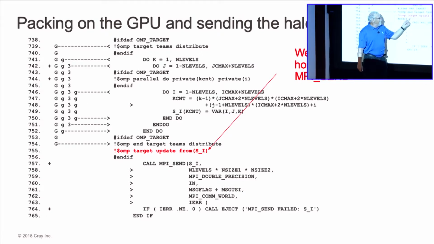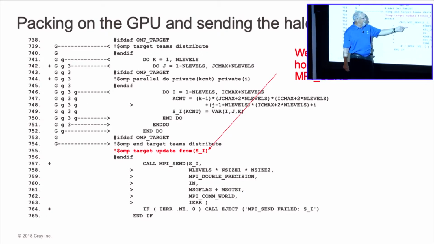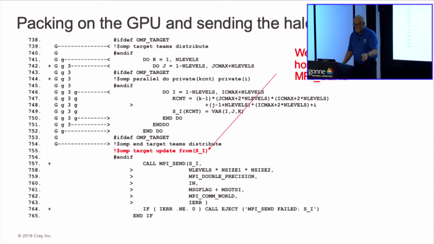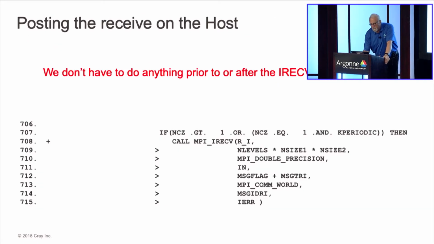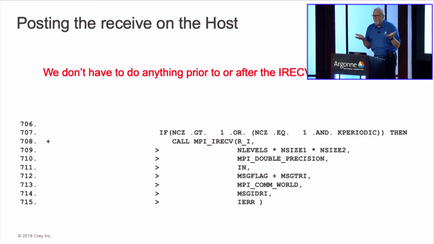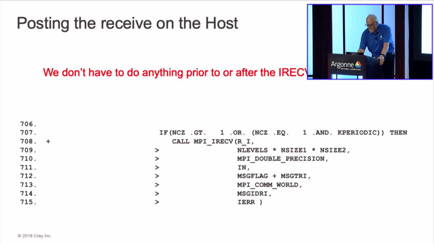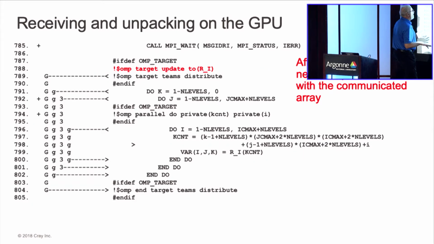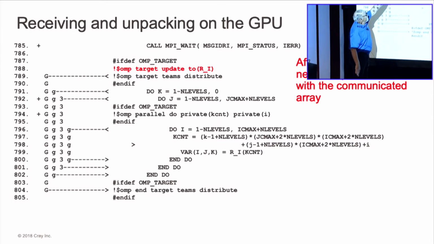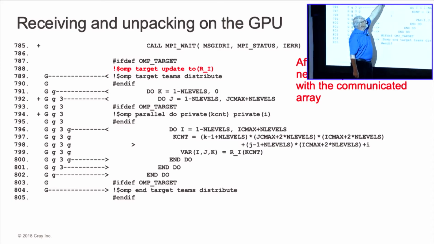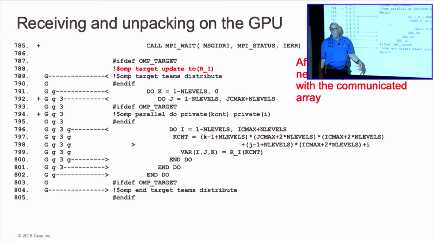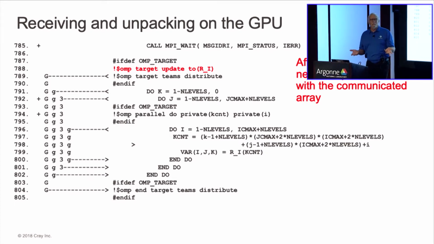Now, before MPI send, I have to update from the device to the host. On the receive, we don't have to do anything until the wait. And after the wait, we have to update to the accelerator and unpack on the accelerator.